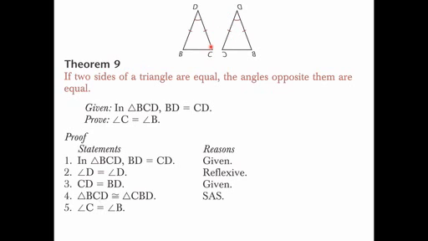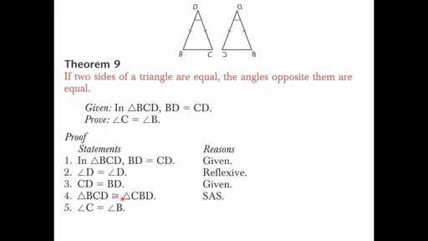Now they're going to say that angle C is equal to angle B. Why can we do that? Well, I think I've mentioned once or twice that normally when you have a statement of congruence, it's telling you that all the corresponding sides and angles are equal.